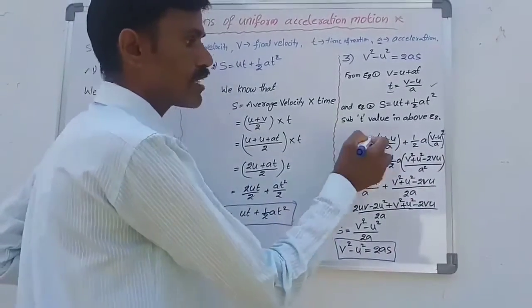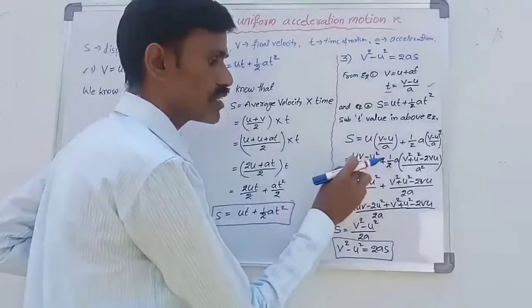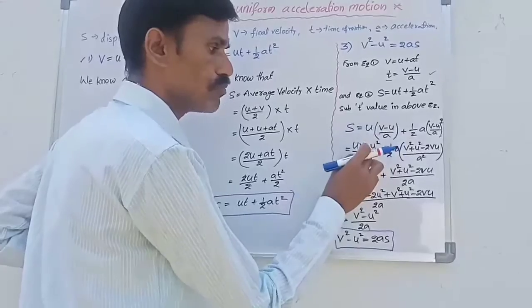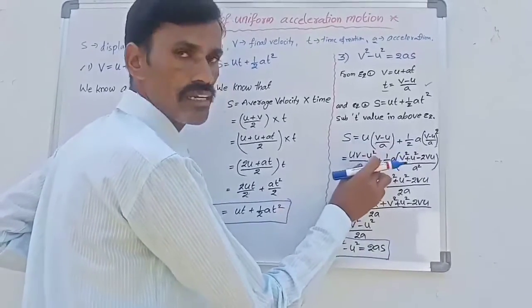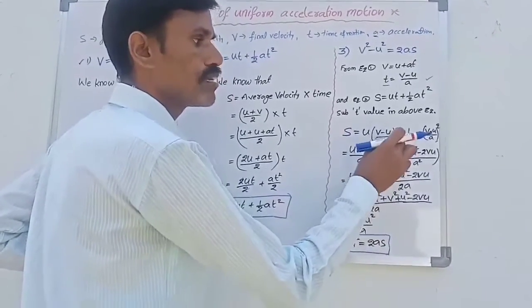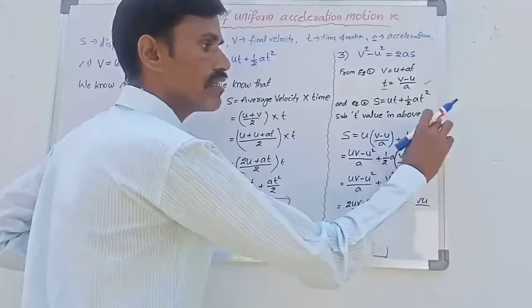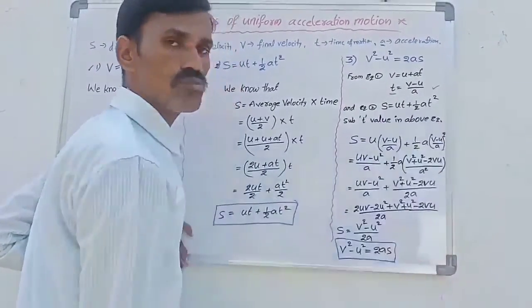Now multiply with u. So u into v is uv, u into minus u is minus u²/a, plus 1/2 a times (v - u)².